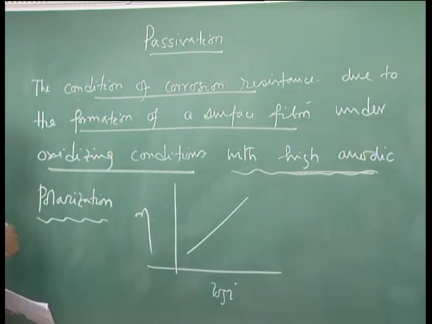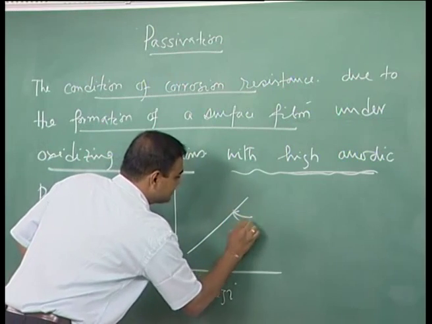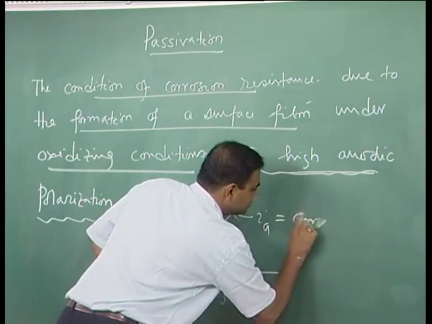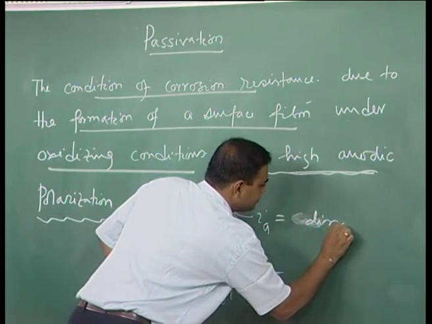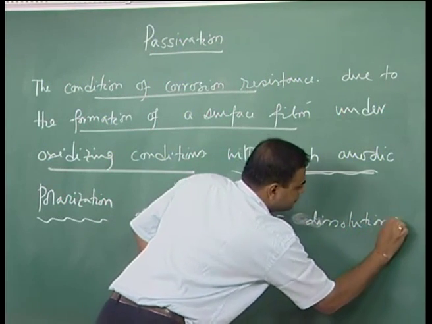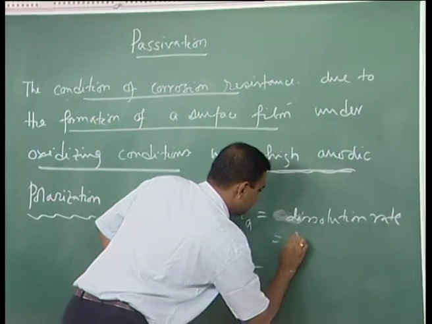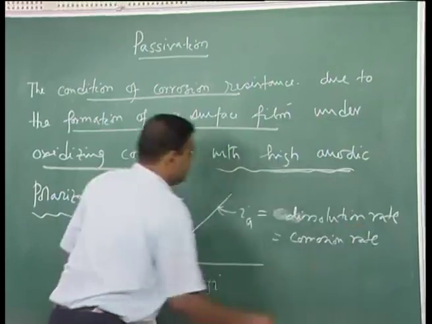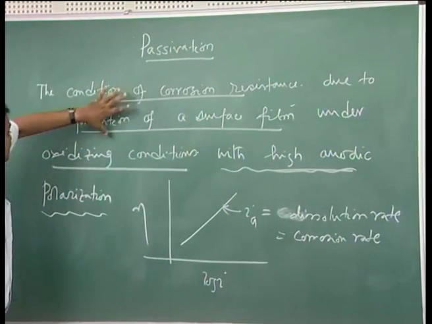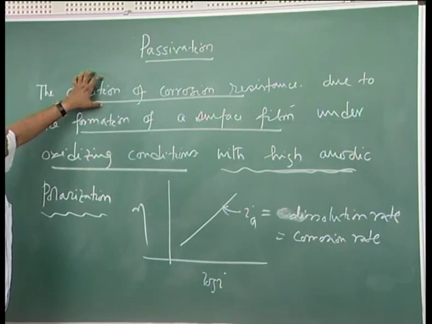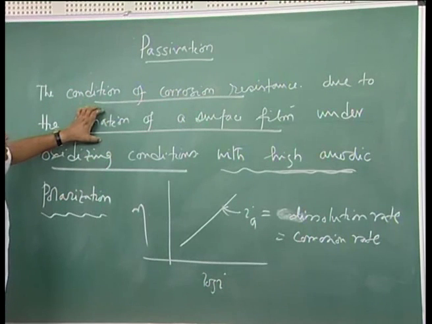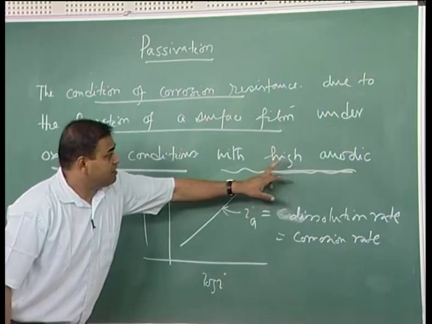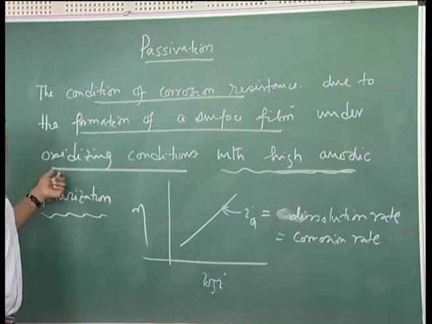So, if this value is very high, this is nothing but IA, which is nothing but the corrosion dissolution rate or corrosion rate. So, these top three things, this condition of corrosion resistance with the formation of surface film, should happen with a very high anodic polarization.